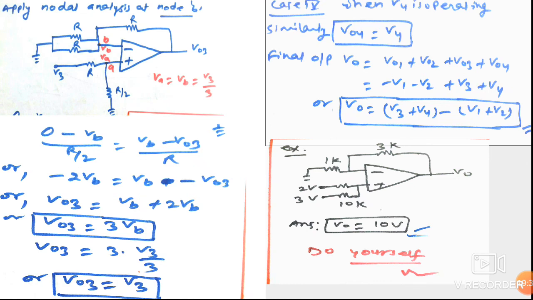So (0 minus VB) upon R by 2 is equal to (VB minus V output 3) upon R, this resistor.